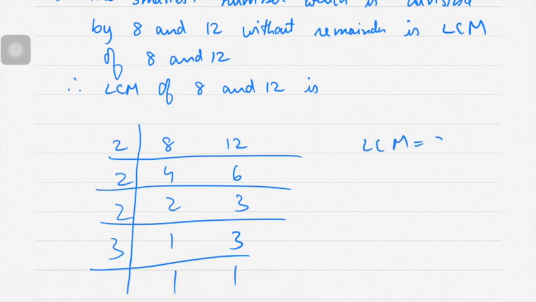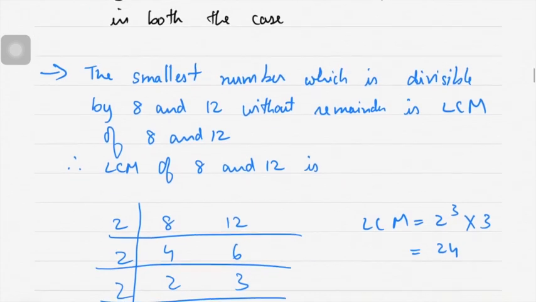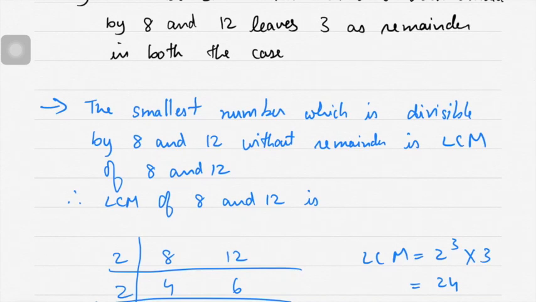Therefore, the LCM will be 2 raised to 3 into 3, which comes to 24. But LCM is not asked.